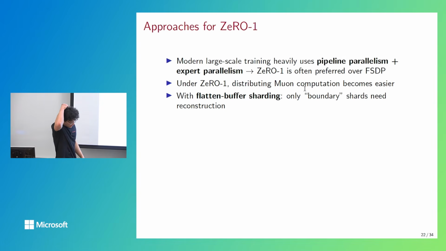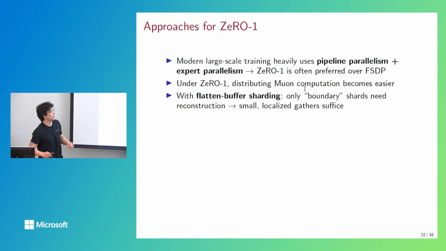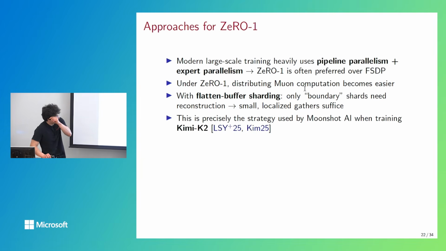So in particular, if you opt for this flattened buffer sharding, only boundary pieces get affected by the shard. So you only have to locally gather them to have the full matrix locally. And this is precisely the strategy taken by Moonshot AI to train the Kimi-K2 model.